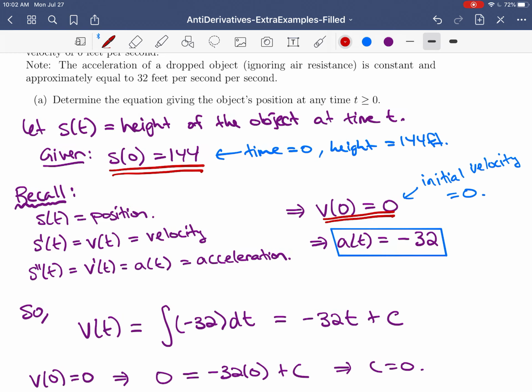So these two things enable us to determine the c after integration, so the constant of integration. If we didn't have these values, then we'd have some constants that we didn't know. But because we have those values, we're able to determine those constants.